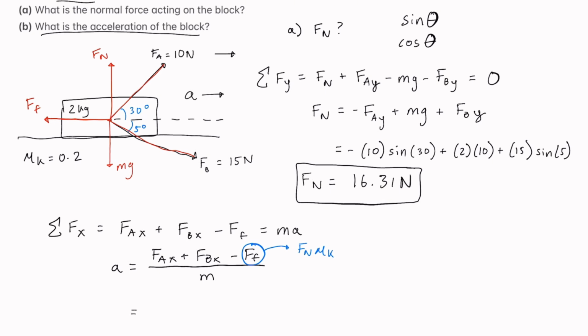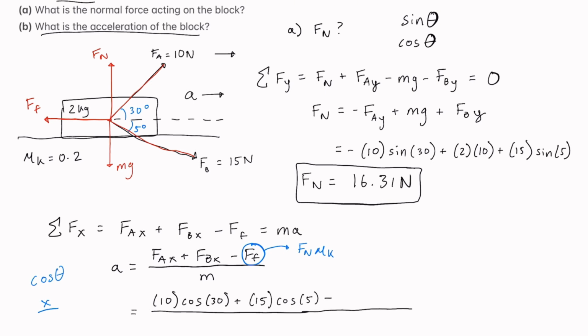And we can rewrite this to account for our x components. So, again, if we're concerned with the x direction and we're given an angle above the x-axis, we're going to use cosine theta for our x components. So Fax becomes the magnitude of Fa, which is 10 newtons, times cosine of 30, plus 15 times cosine 5 for Fbx, and we subtract Fn times mu k.